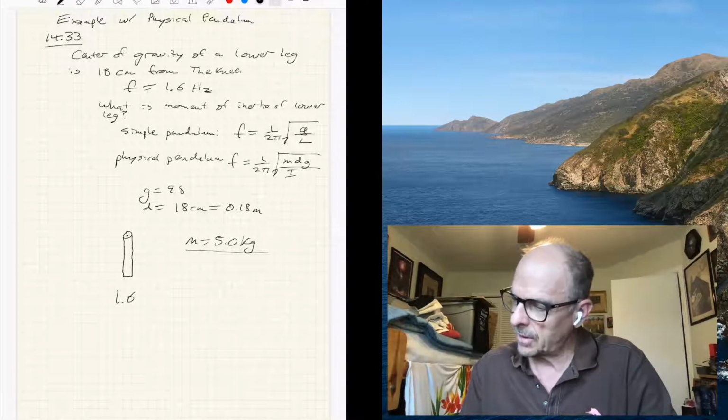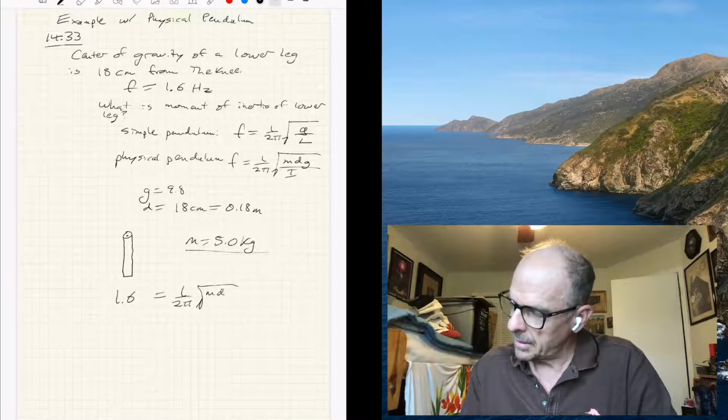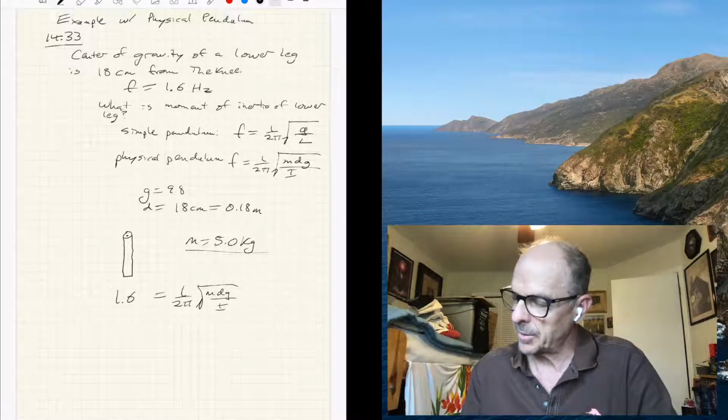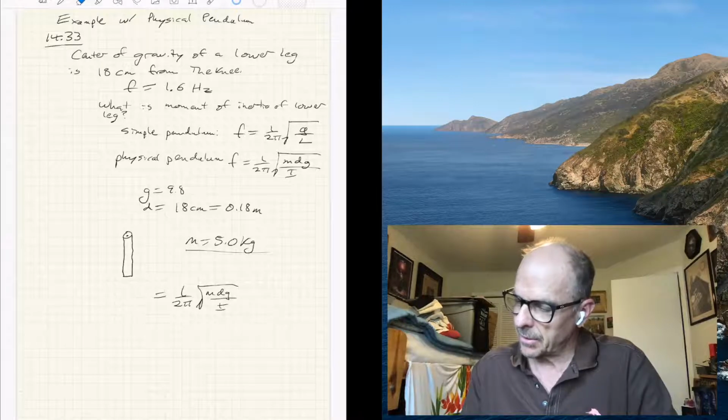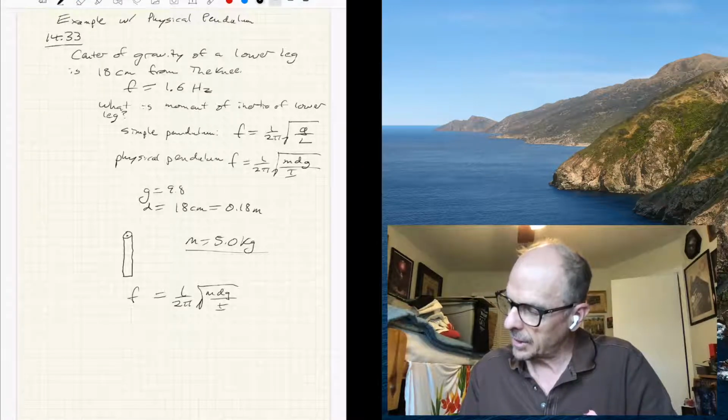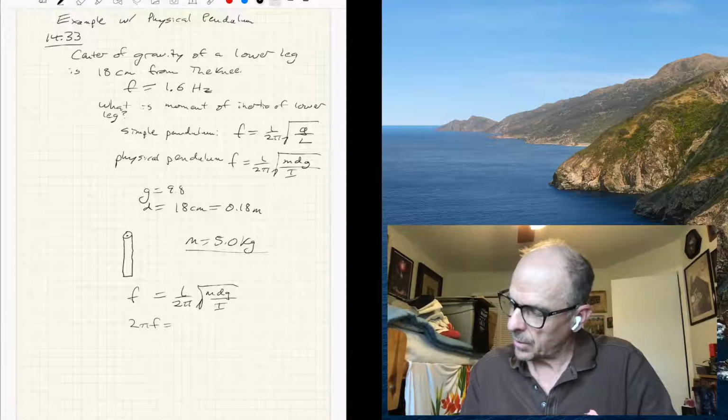1.6 hertz is 1 over 2 pi times the square root of mdg over I. Let's rearrange that equation so it's I equals something. I'll follow my own advice and not put any numbers in until we've got the answer equal to what we want it to be. So 2 pi f is the square root of mdg over I. Square both sides and rearrange it.